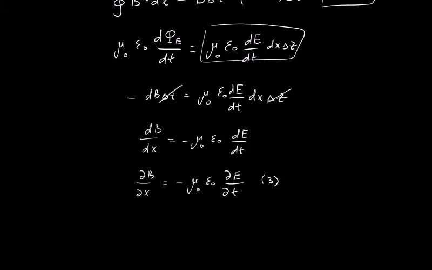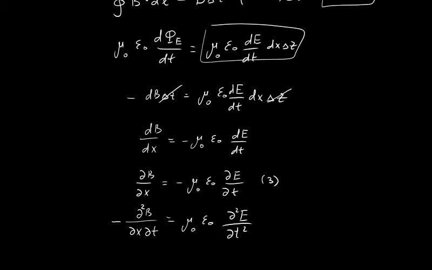And so let's take the derivative of this equation 3 with respect to t now. Then I would have d2B over dx dt. I should have kept the negative on this side, okay, I'm going to keep it on this side, equals mu naught epsilon naught d2E over dt squared.